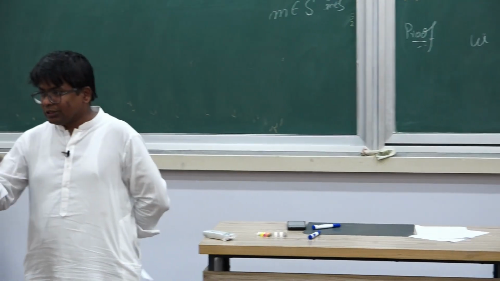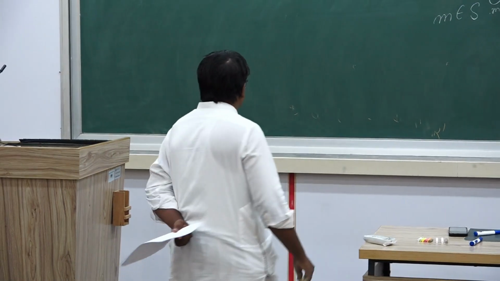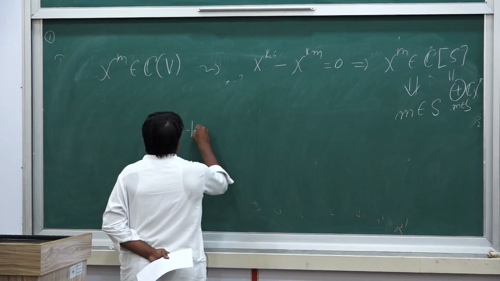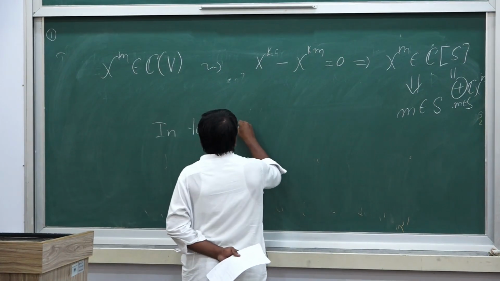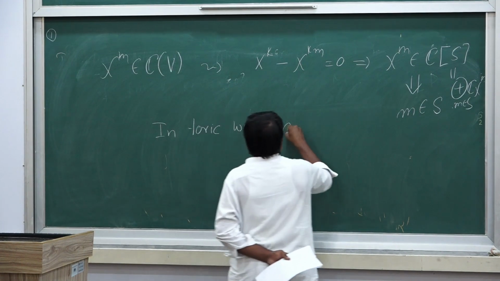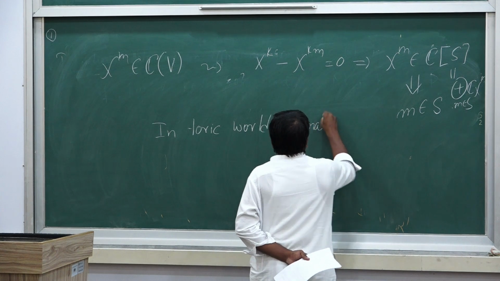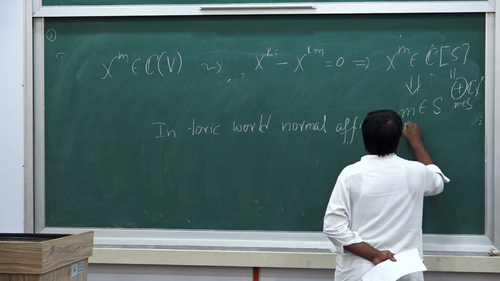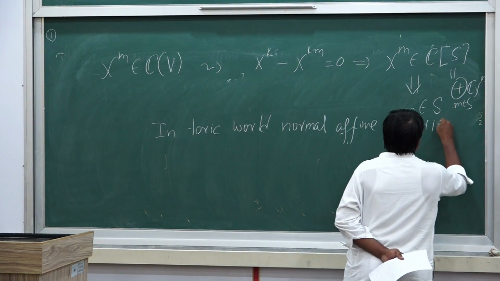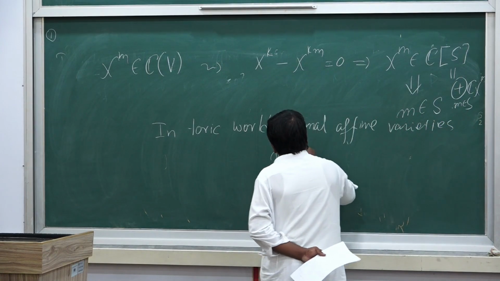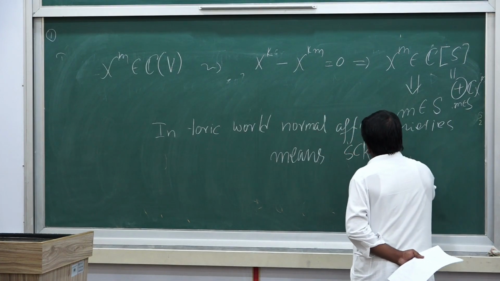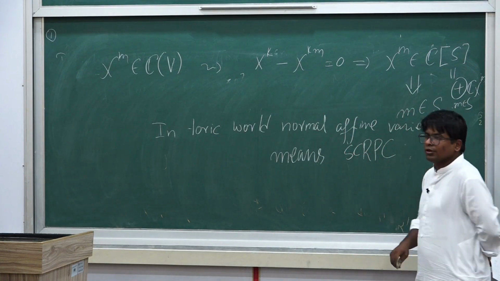So there is this correspondence, which is that in toric geometry, in the toric world, normal affine varieties mean strongly convex rational polyhedral cones.